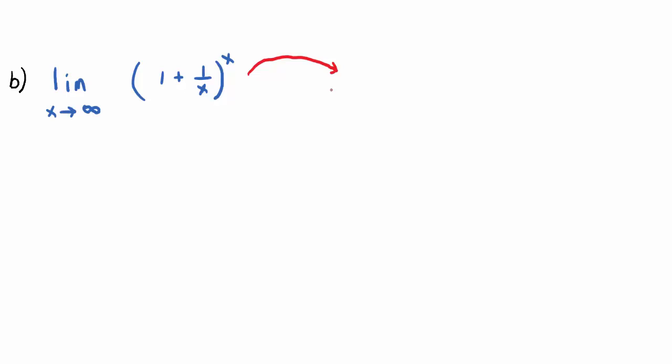Okay, so inside the parentheses, what happens to the 1 over x as x goes to infinity? What's happening to this term? Goes to 0, right? And what's happening to this term? 1 to infinity is our indeterminate form.